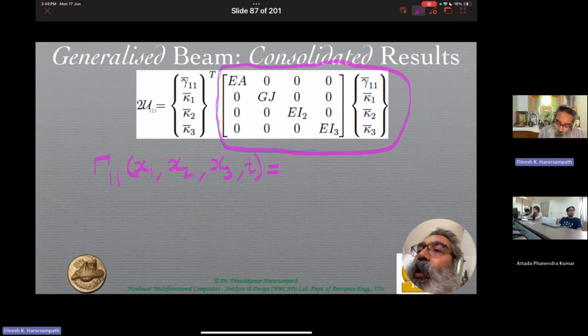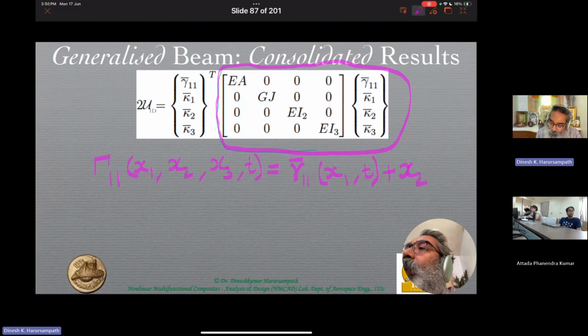Then we can identify that as gamma 1, lowercase gamma instead of an uppercase gamma. And that is going to be a function only of x1 as far as spatial coordinate goes. In a dynamics problem, of course, you will have time t. And then you will also have the bending contributing to that.